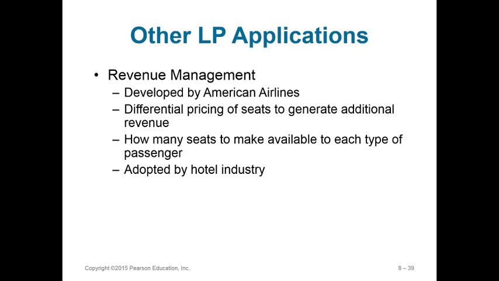Other LP linear programming applications that are out there, you might have something like American Airlines revenue management. So how many people do you have to have on a plane to make it worth flying? Where the seat's going to be placed? And now what you see is weight before you take off.